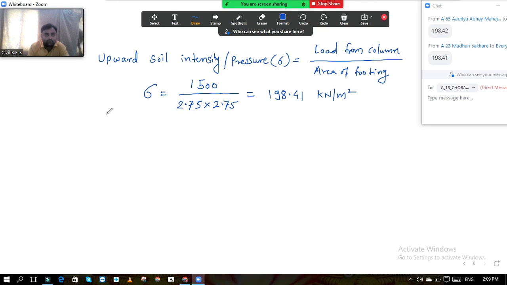Now the ultimate soil intensity or pressure. To calculate the ultimate, you should multiply it by 1.5.